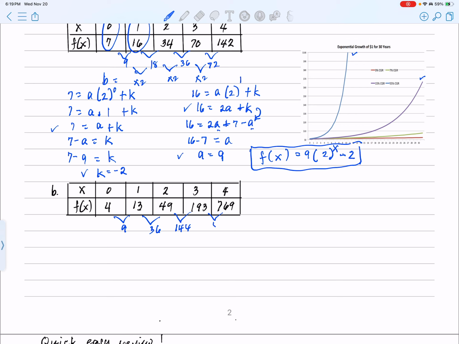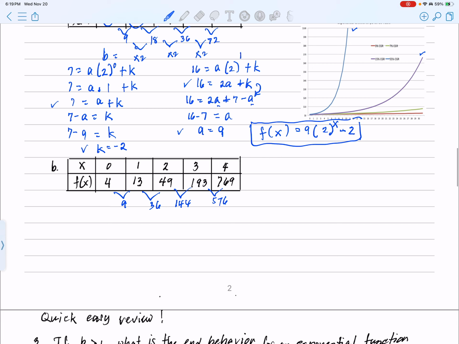576. All right. We cannot see a common factor here, or the, how do you call this? The growth factor, we know this is exponential, but we can tell from 9 to 36, we can get a connection. How will we go from 9 to 36?